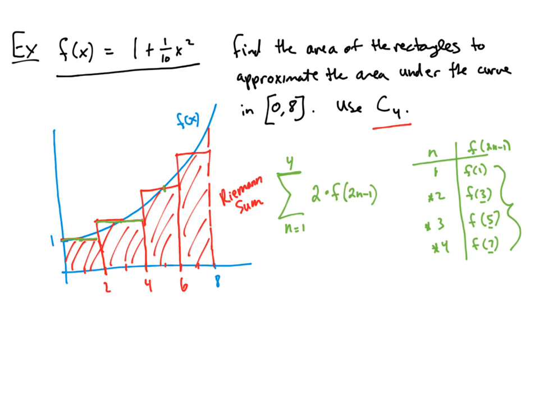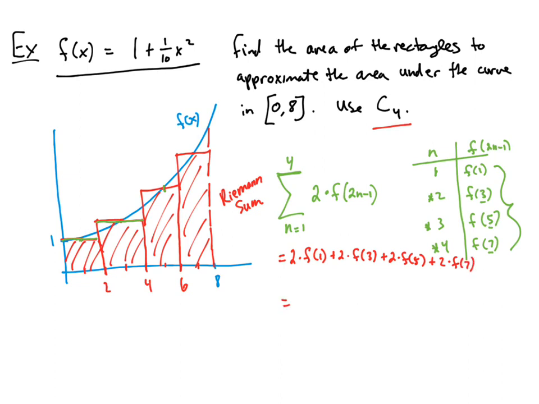Okay, so let's expand this out. So this Riemann sum will be equal to 2, the width of each of these rectangles, times f of 2n minus 1. So our first n value is 1, so f of 2 minus 1 is f of 1 here, and then we're going to have plus 2 times f of 3 plus 2 times f of 5 plus 2 times f of 7.